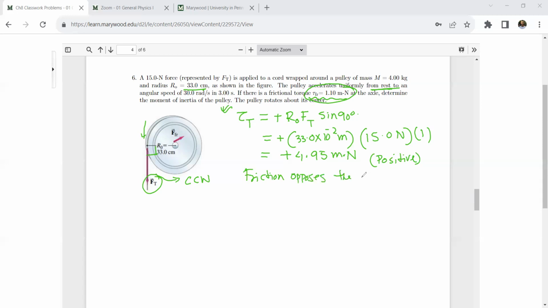So if the applied torque is positive, friction torque will be negative, so it would be this.